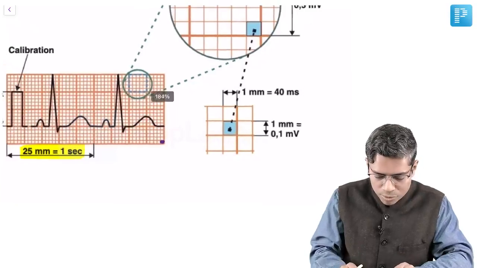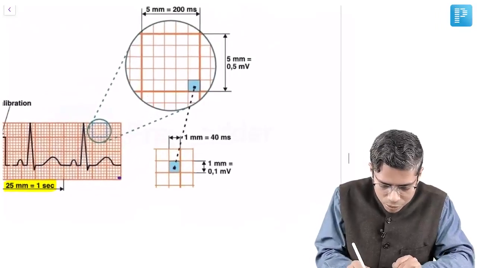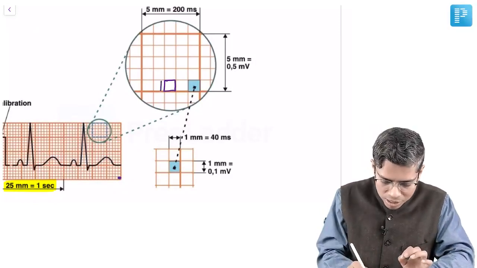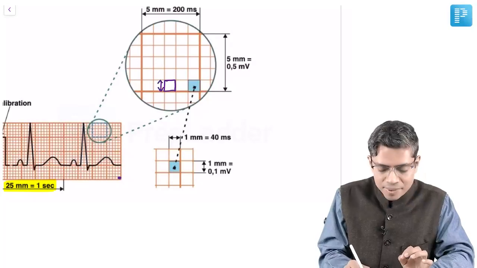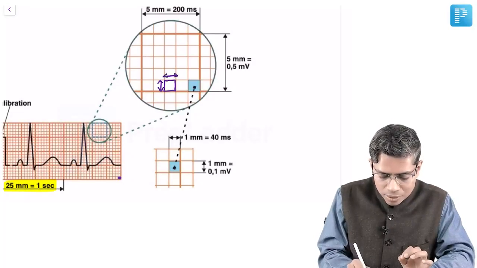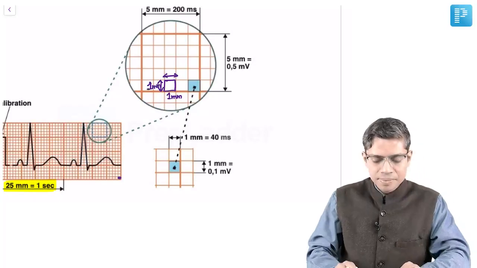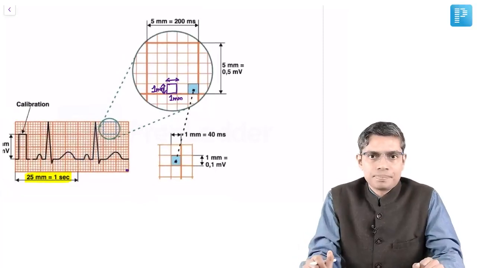Okay, this is the smallest box in the ECG chart paper, if I magnify here. This smallest box is a square, and its length and width are both 1 millimeter.